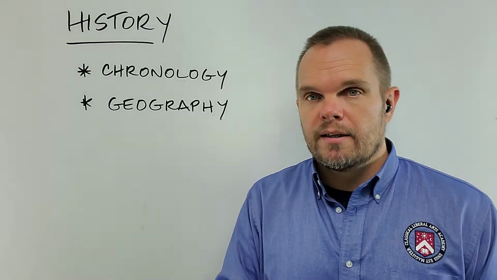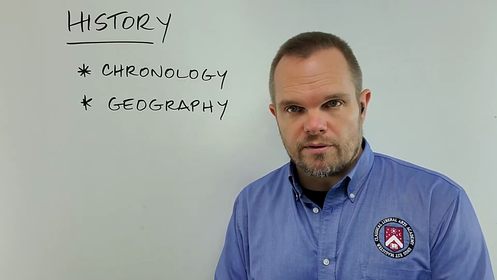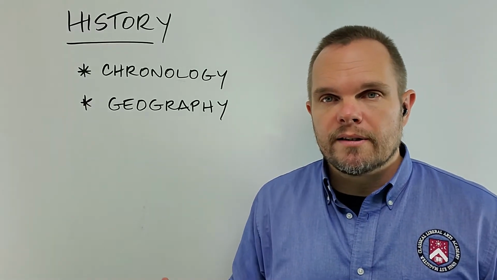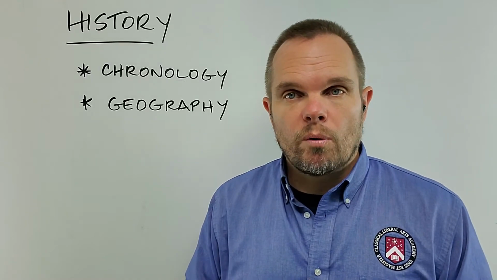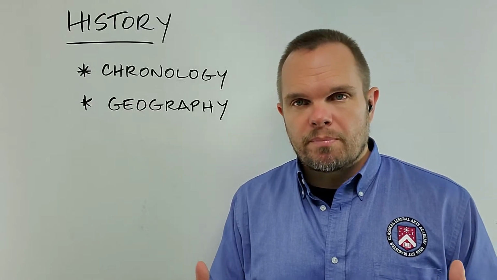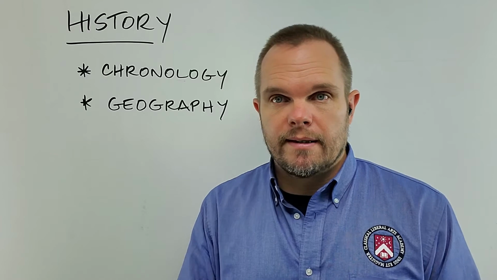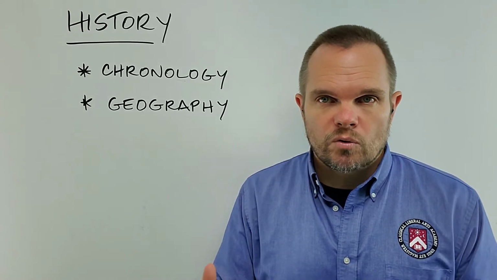Simple things like geography, the names of countries and cities and seas and rivers. They had no idea where these places were or what was significant about them. Characters, they had no idea who different people were. They had no idea who the different nations were and why their identities were important in the stories that we were reading.